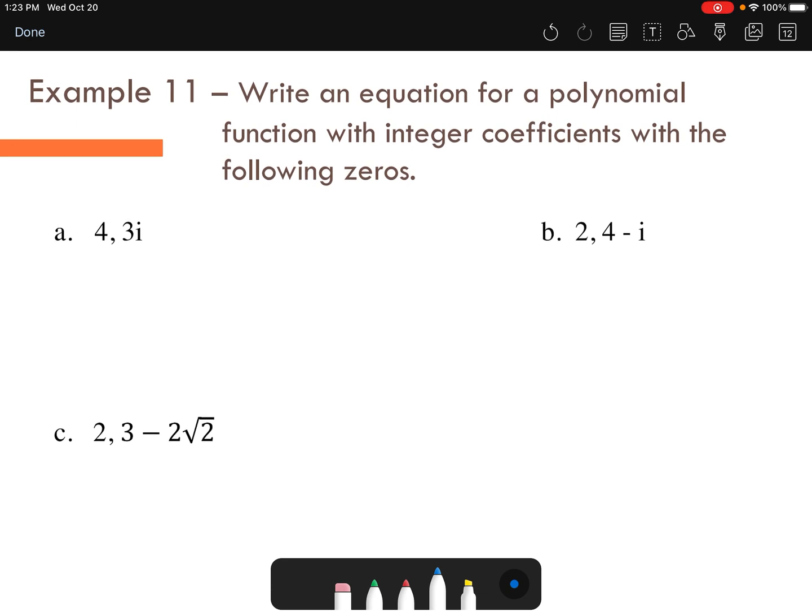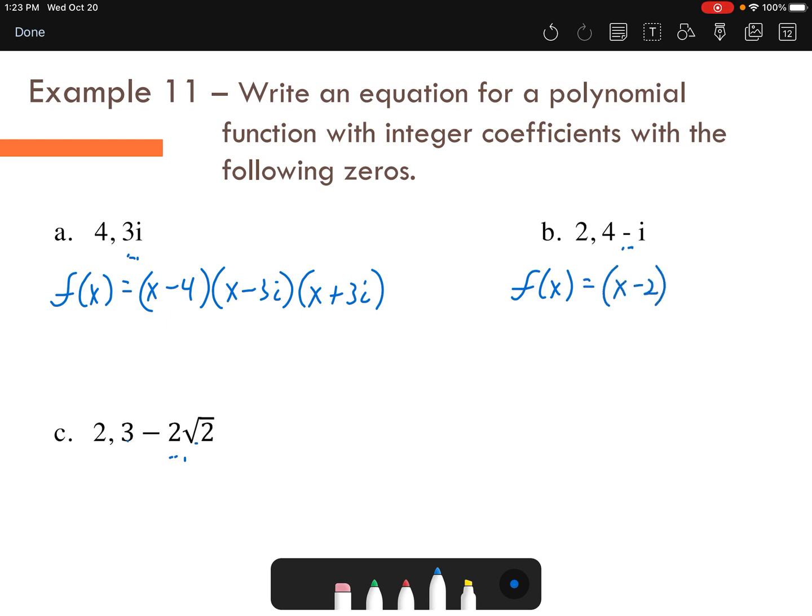So then when I write my equation for these with the following zeros, remember anytime we have an imaginary or a complex or a real with a radical, we're going to have multiple. So in other words, this is going to be x minus 4, x minus 3i, x minus negative 3i, which is plus 3i.